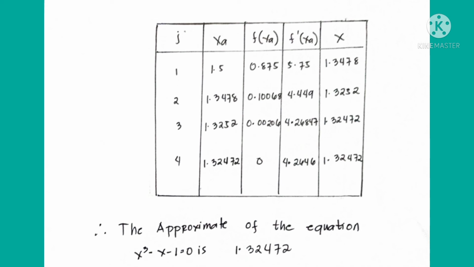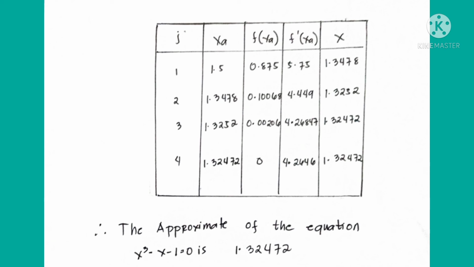On the third iteration, the x will go to the xa, which is 1.3252 and the f of xa is 0.00206 and the derivative of f of xa is 4.26847 and the new x will become 1.32472. And the new x will now become our xa, which is 1.32472 and the f of xa is 0 and the derivative of f of xa is 4.2646 and the new x is 1.32472.